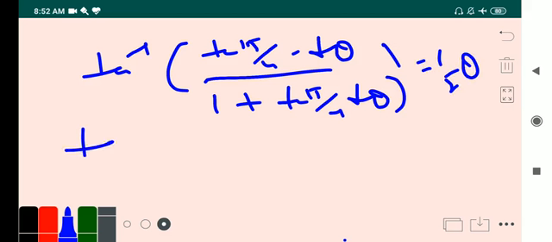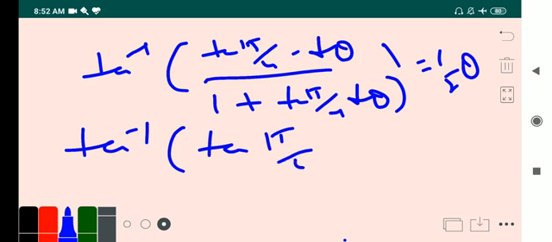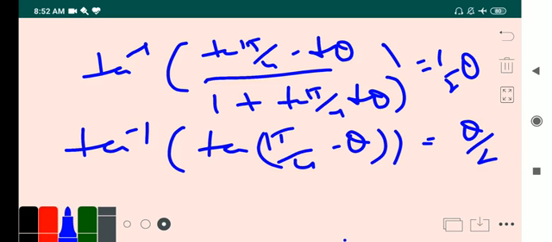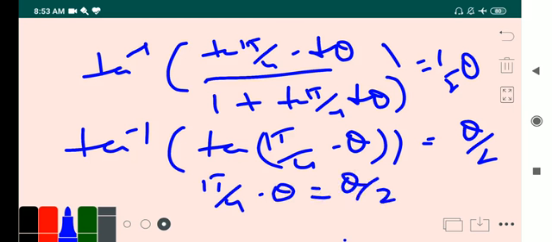We know tan a minus tan b upon 1 plus tan a tan b is tan of a minus b. So we have tan pi by 4 minus theta equal to theta by 2, so pi by 4 minus theta equal to theta by 2, or 3 theta by 2 equal to pi by 4.